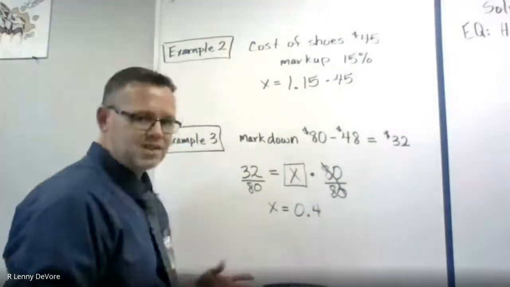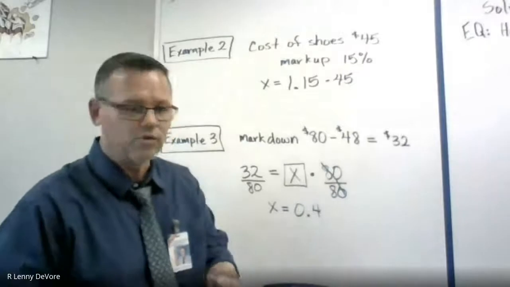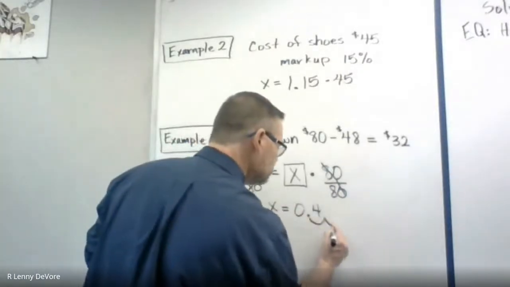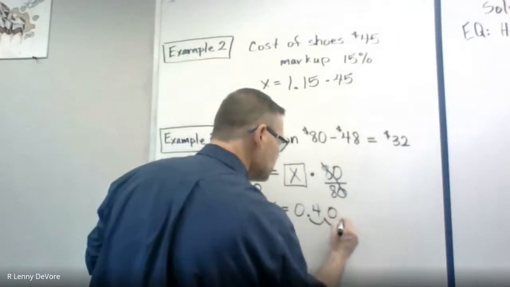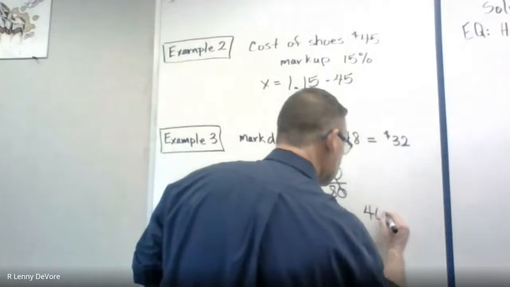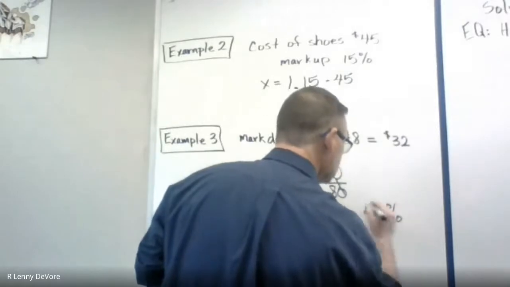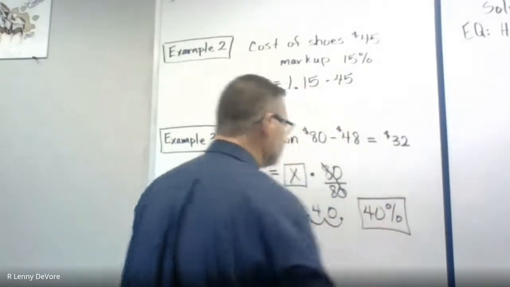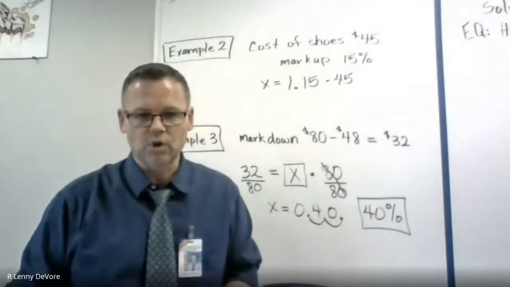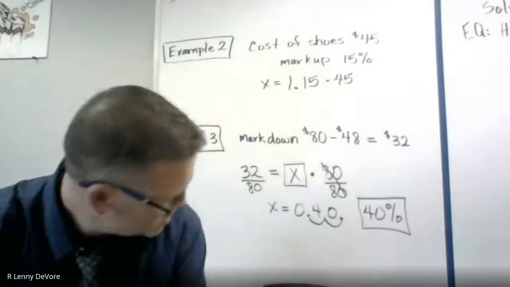Okay, that doesn't really tell us yet. That's a percent in decimal form. We need to multiply this by 100. In other words, move it over 2 places. So it's 40. So it's actually a 40% markdown. Okay, guys? So that's how we do a markdown. That's a 40% markdown. Okay?